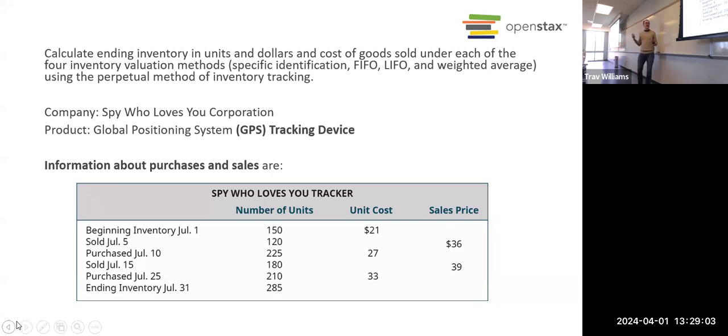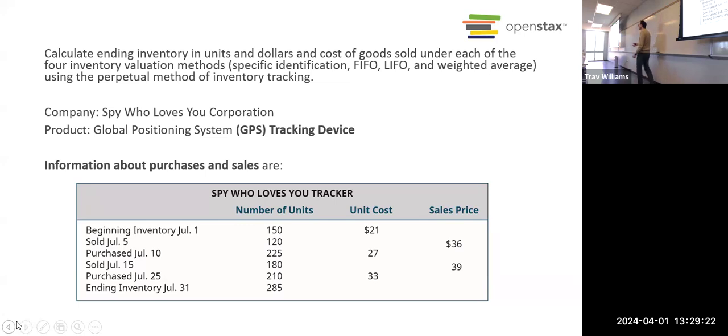So with the periodic method, you could say the 120 that we sold came out of this purchase, which was $33 per unit. Or you could say that the 120 that were sold came out of this purchase, which was 27.